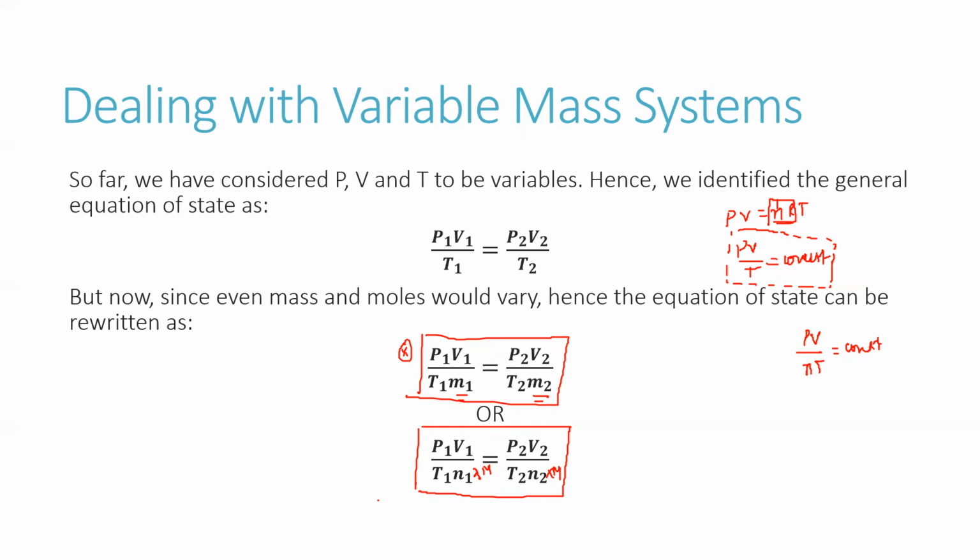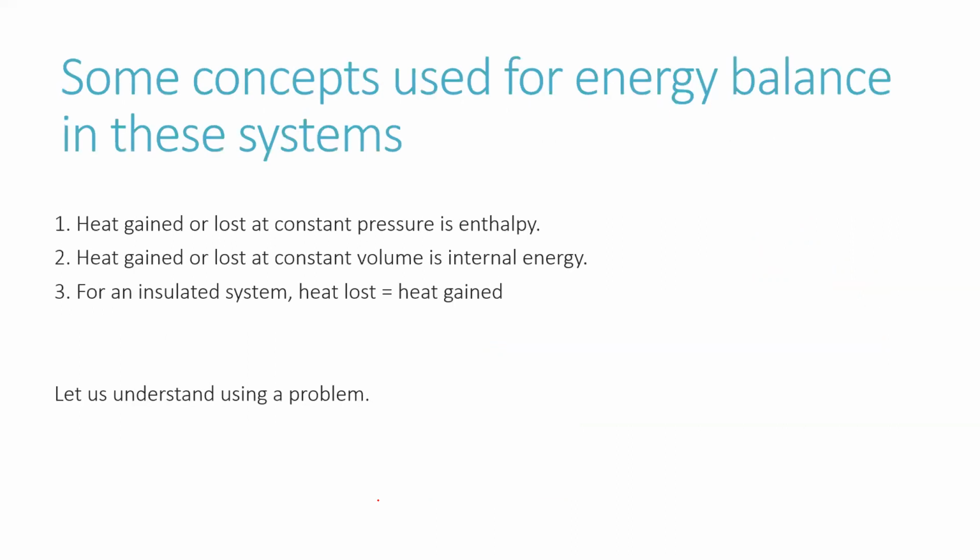For forming the second equation, we are going to deal with these concepts. The second equation that we are going to form is generally an energy balance equation. For that, this concept has to be understood: heat gained or lost at constant pressure is enthalpy.